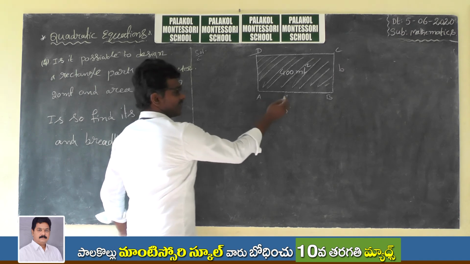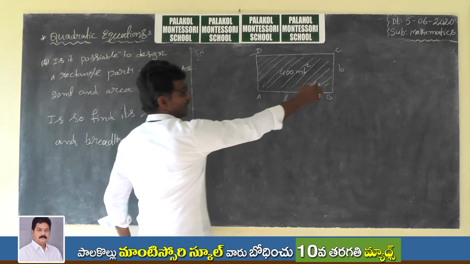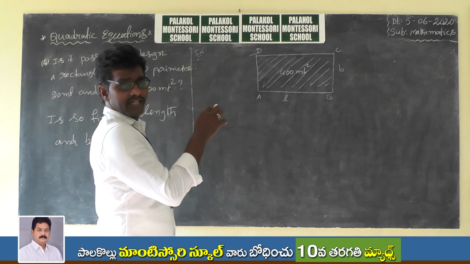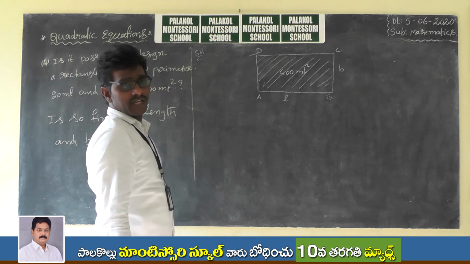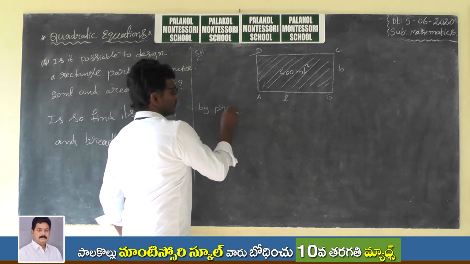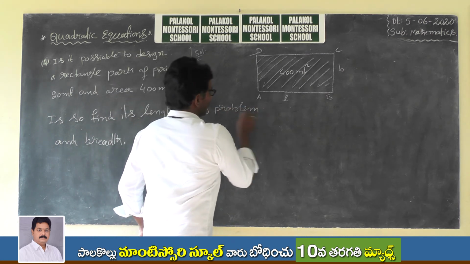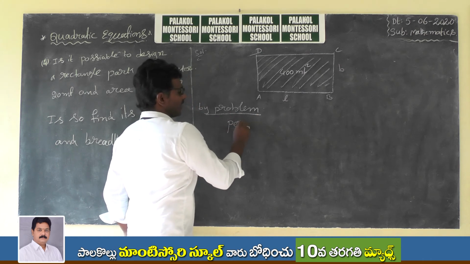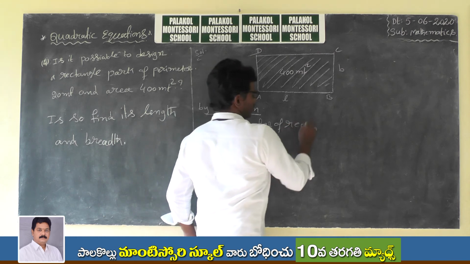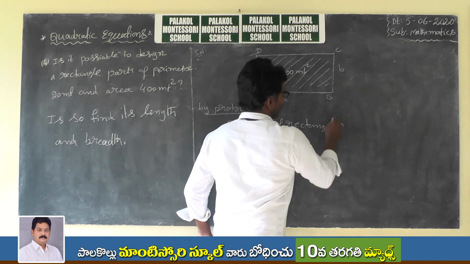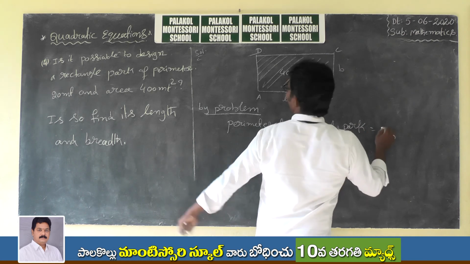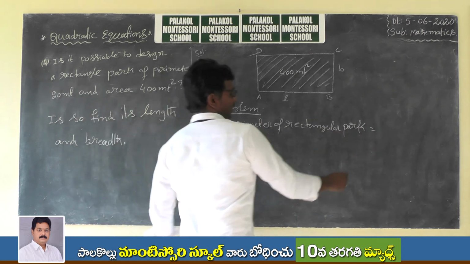Suppose L means length of the rectangle, B means breadth of the rectangle. So by the problem, the perimeter of the rectangular park is equal to, how much is there? 20 meters.